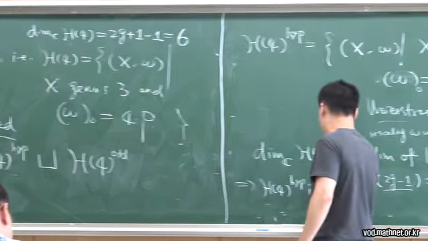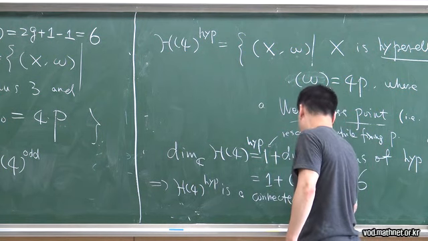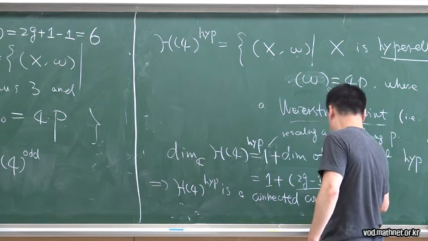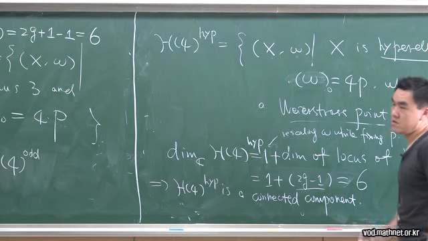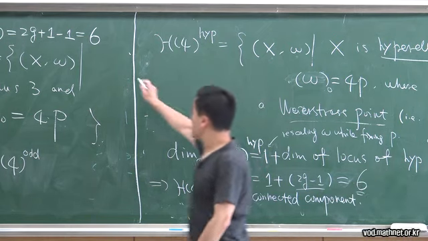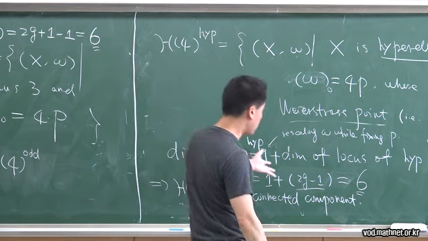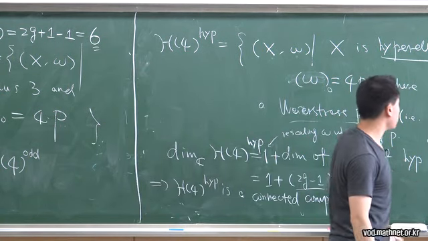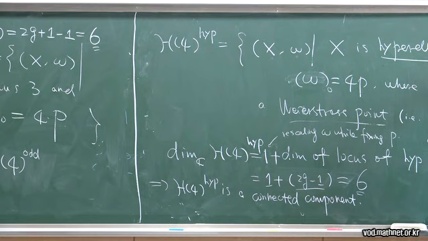I'm going to show you the other one. But before I do that, let's make sure this example, H4 hyp, is clear. Any question? I get equidimensional. And I did not explain, but you can show that the locus of hyperelliptic curves, which just means choosing 2G plus 2 points in P1, is a connected space, and also smooth, and gives you a connected component.